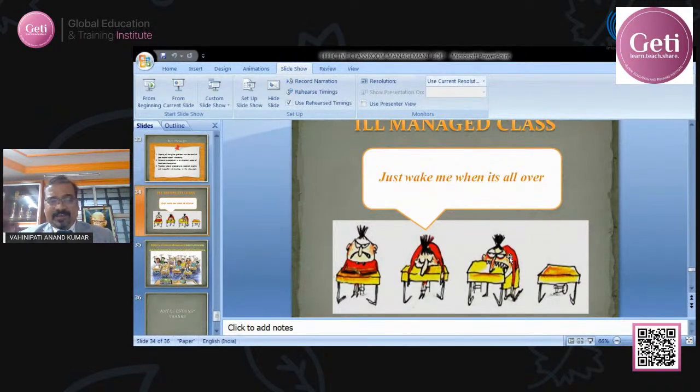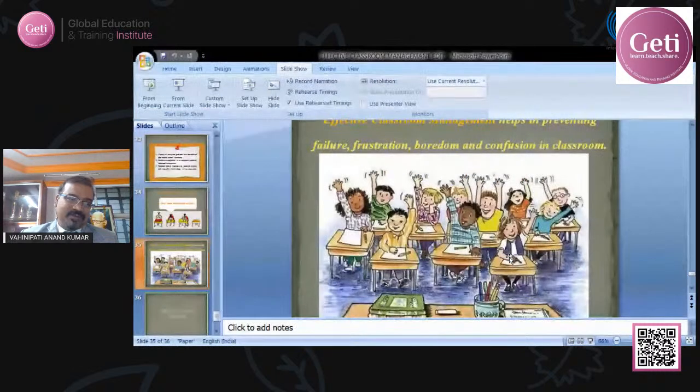You see this picture. One child has already absconded from the class. The other child is biting the dust. One is sleeping and one is irritated. And from here, we can change it into a classroom full of joy.